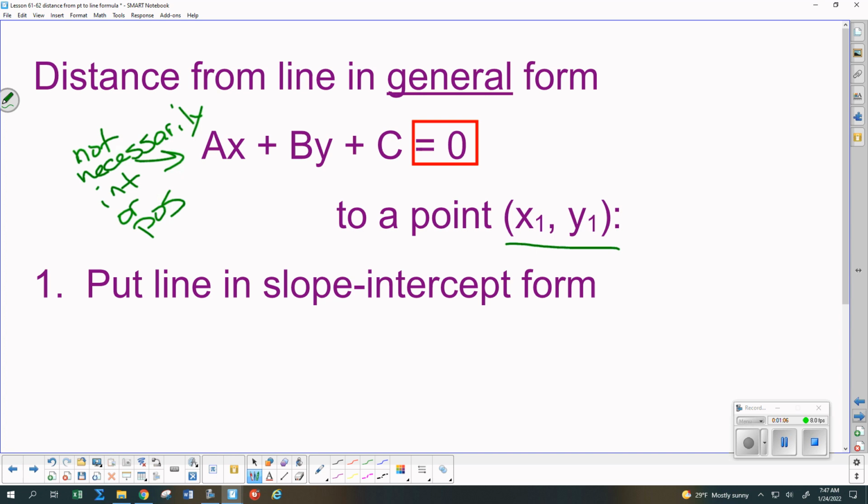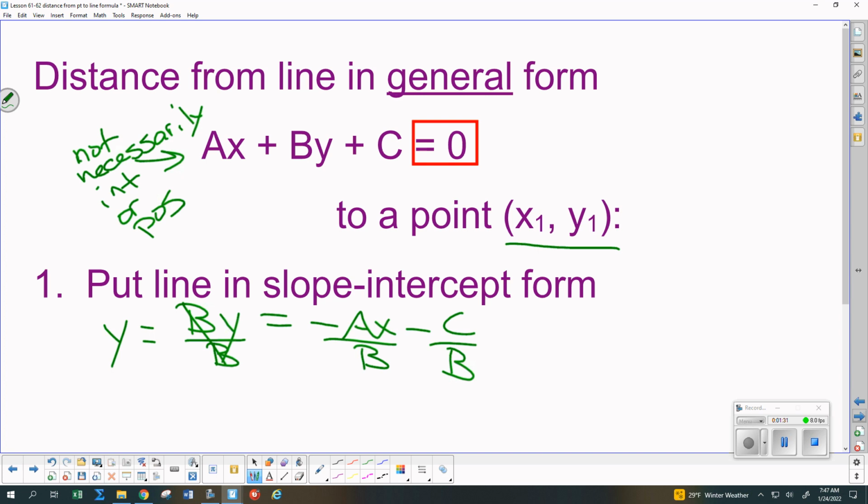So in order to do the derivation, not to use the formula, it's got to equal 0 to use the formula we end up with. To do the derivation, we do have to have it in slope-intercept form. So by equals minus ax minus c, and divide everything by b.